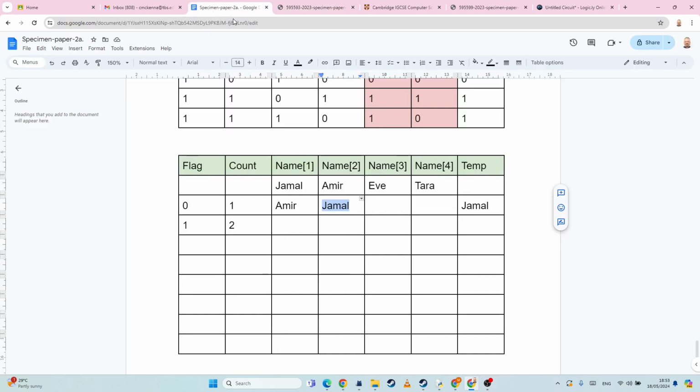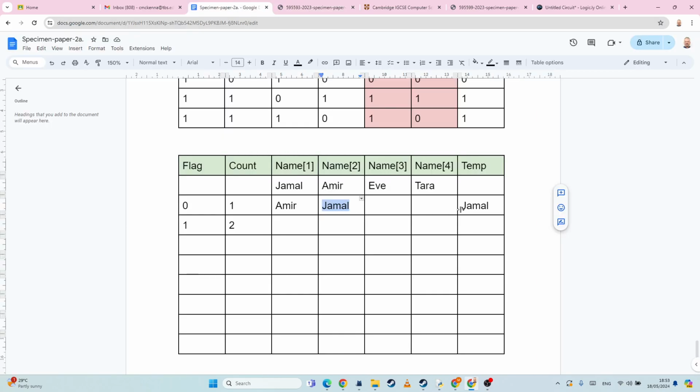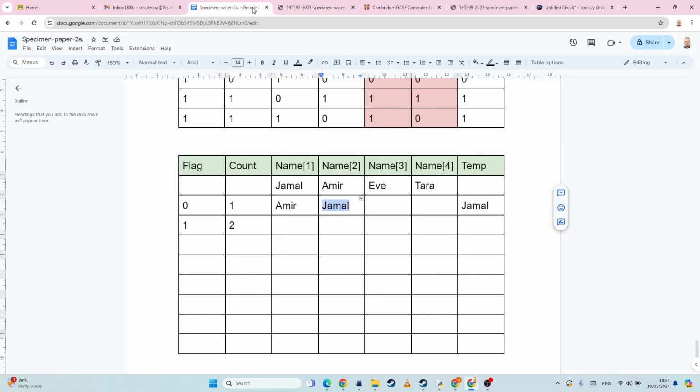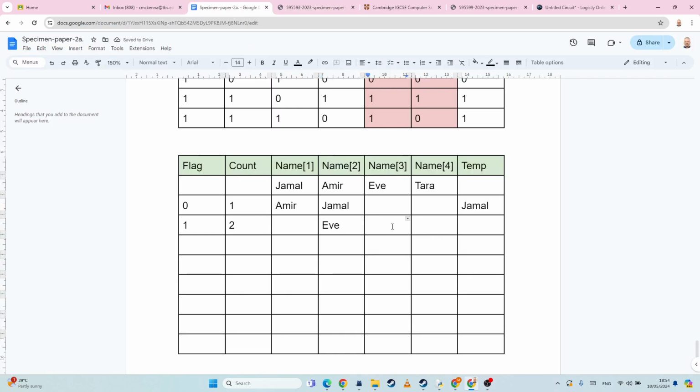So again, we just go through the same process. Temp equals name at count, so temp equals Jamal, not changed. Name at count equals name at count plus 1. So Jamal here becomes equal to Eve. Name at count plus 1 becomes equal to temp, which is Jamal.